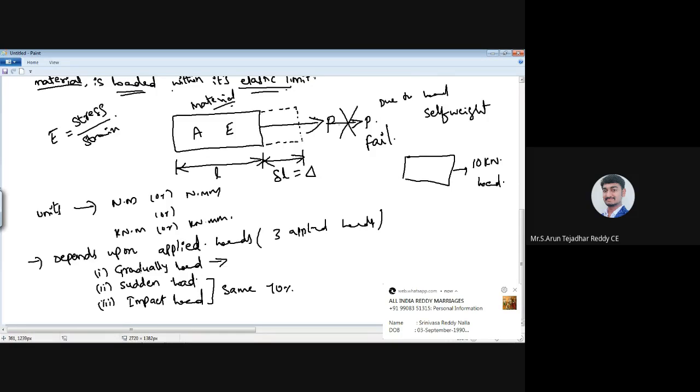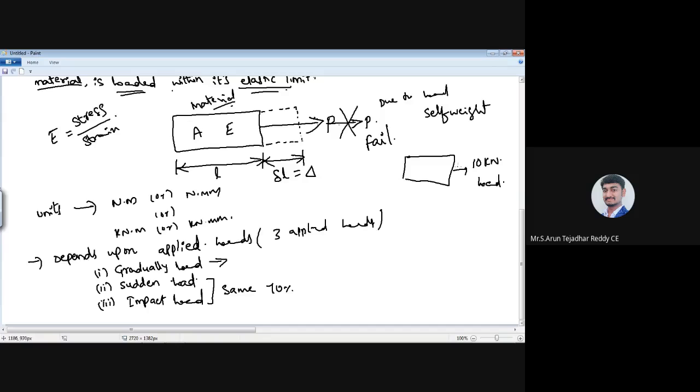While coming to the meaning of gradually load, should I apply 10 kilonewton at a time? No, that is not correct. Why? Because here we are applying gradually load. Gradually load means the load is applied slowly.